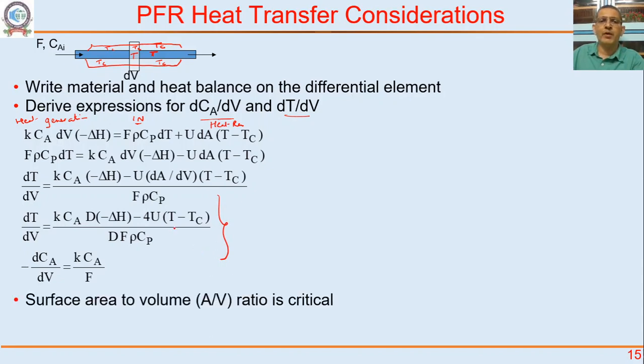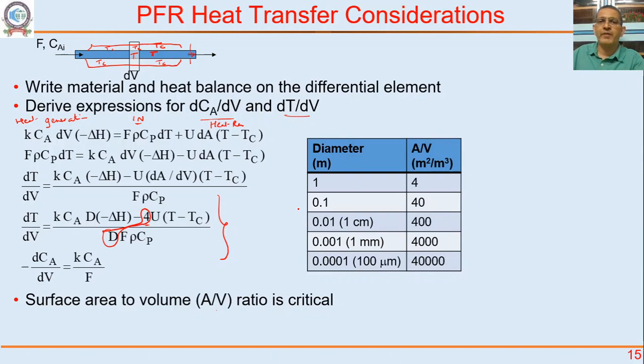Then, this surface area to volume ratio is very, very critical now. You see, it is 4 by D, where D is the diameter of the reactor. So if the diameter is 1 meter, surface area per unit volume is 4 meter square per meter. 0.1 meter, 10 centimeters, 40. 1 centimeter, 400. 1 millimeter, 4000. 100 microns, 40,000.